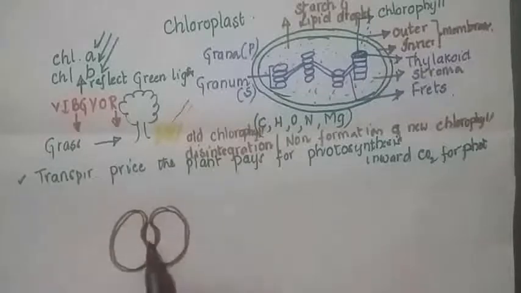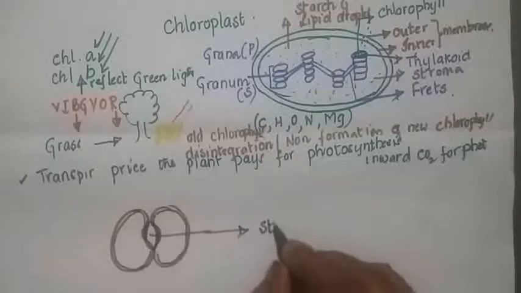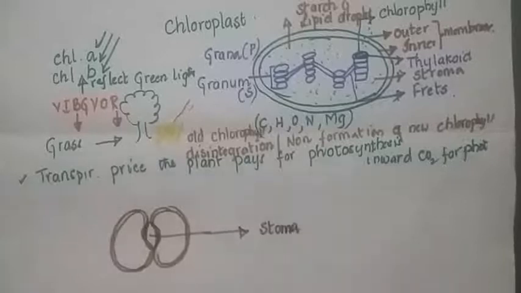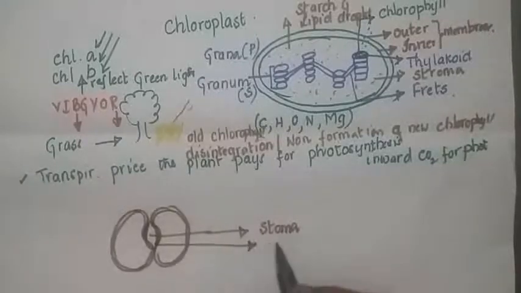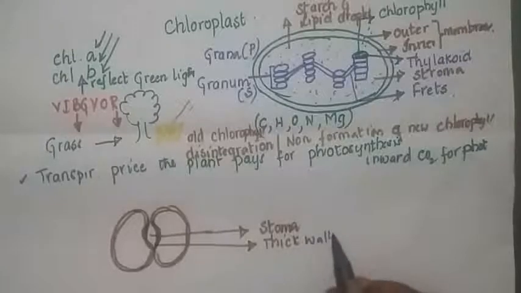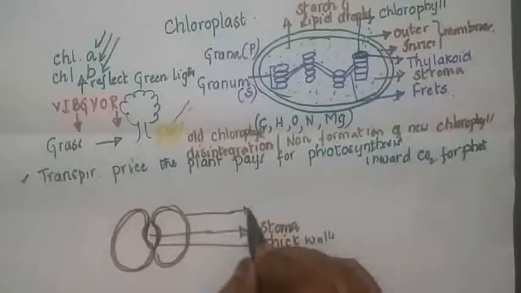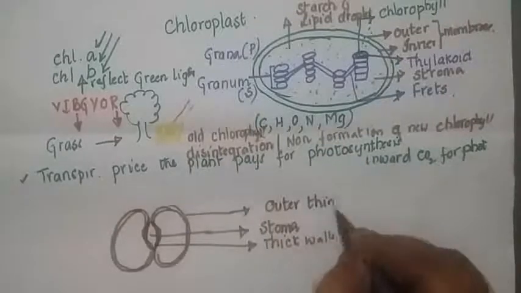Okay, so the inner walls are facing an opening, and the opening is known as stoma, or you can say the aperture is known as a stoma, right? So these are the inner thick walls, then outer thin walls.